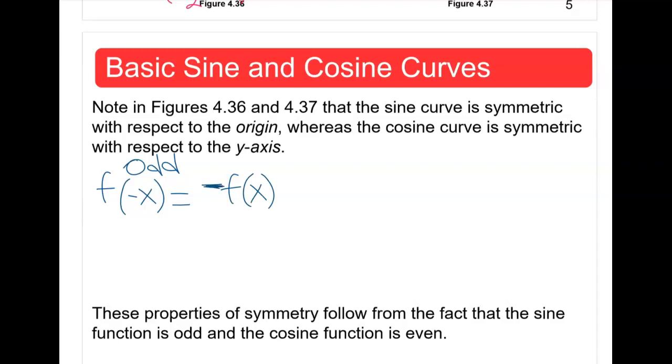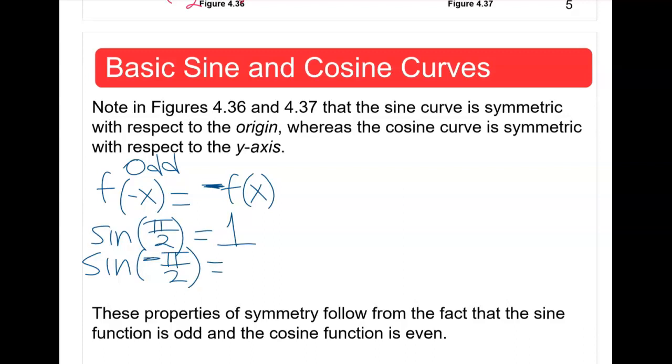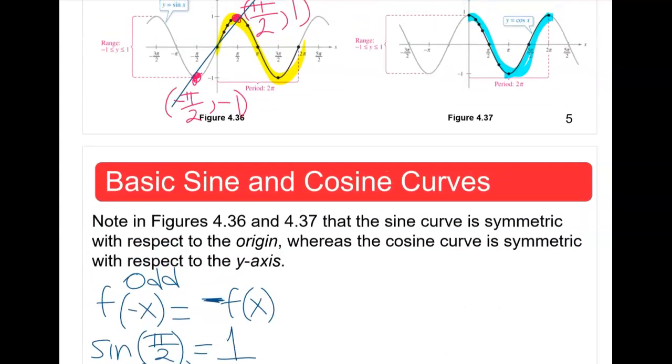So in this case, with sine functions, the sine of pi over 2 is equal to positive 1. If I replace the input with negative pi over 2, the answer, and I'm going to show you the graph again, is what we have here as negative 1.